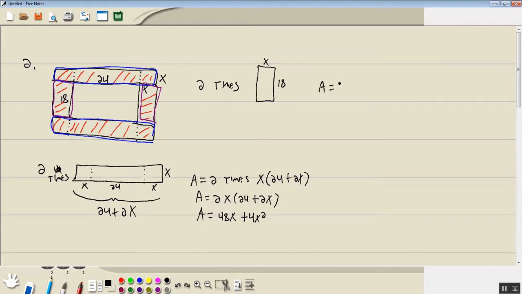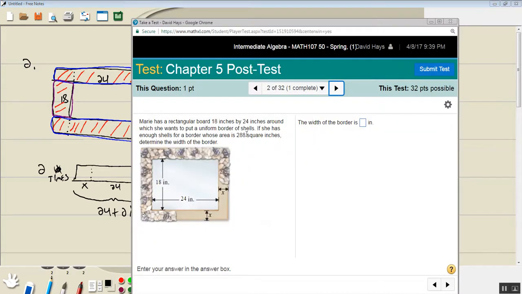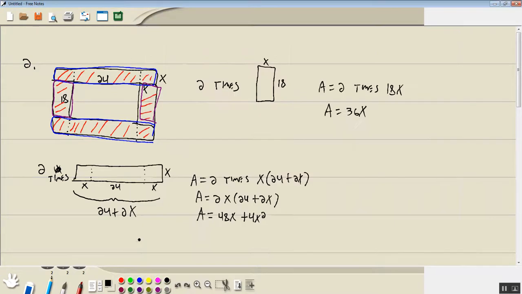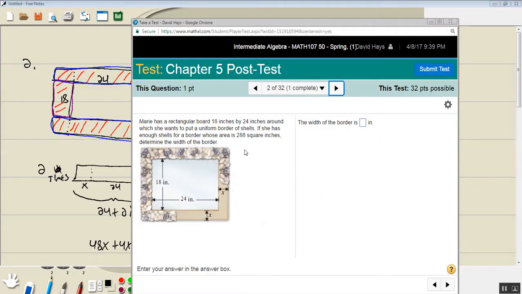So the area is going to be 2 times 18 times x. So the area is going to equal 36x. Now together, these two areas have to add up to equal 288. So I'm going to have 48x plus 4x squared plus 36x equals 288.